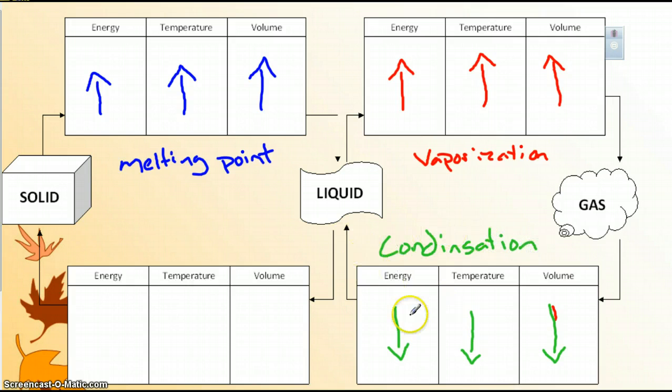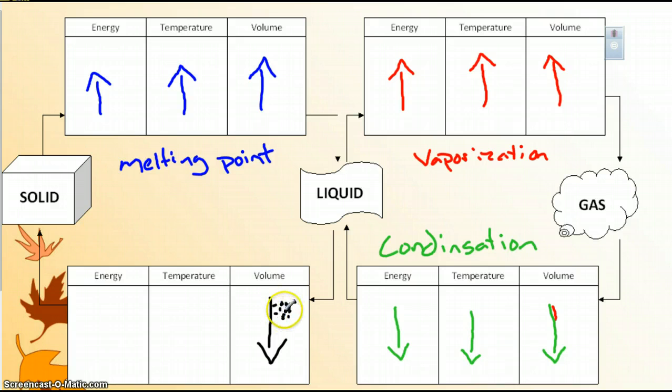Okay? So it's a liquid. Liquid can then be continually cooled. And what happens here is that it becomes a solid. So again, it's taking up less space because those particles are getting closer and closer and closer together. They're not as freely moving anymore.